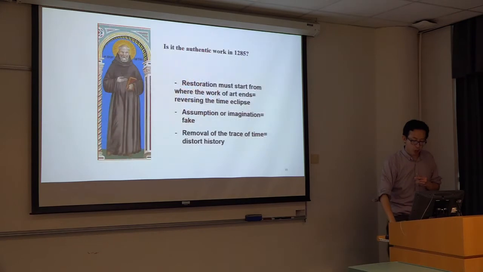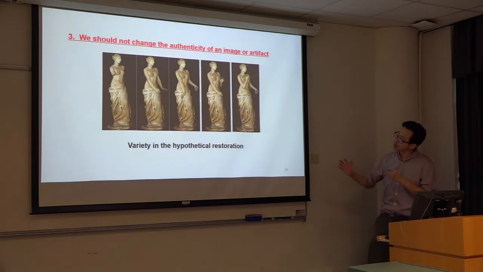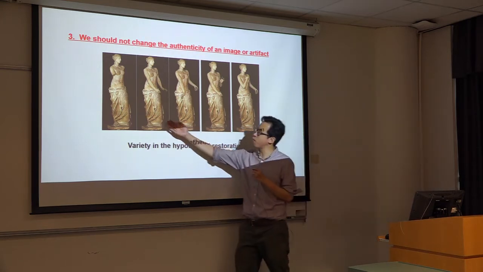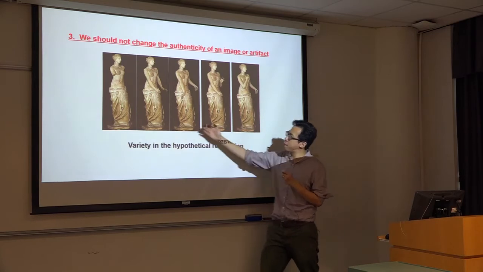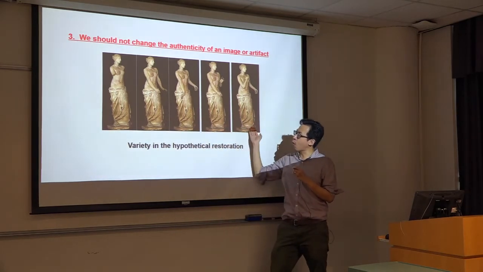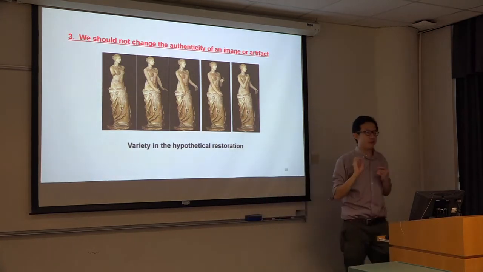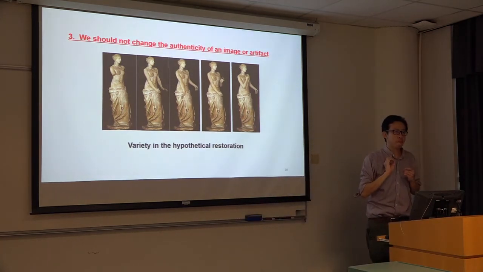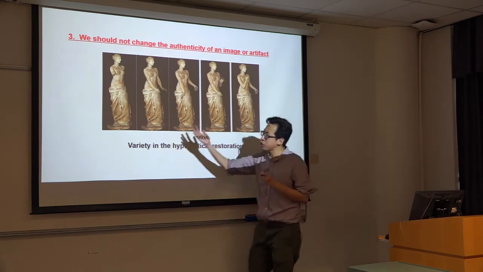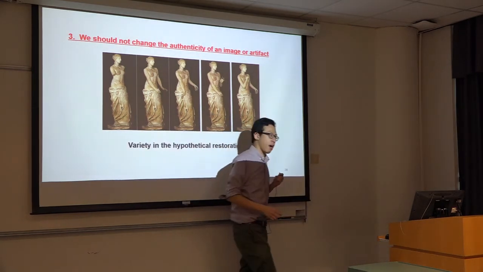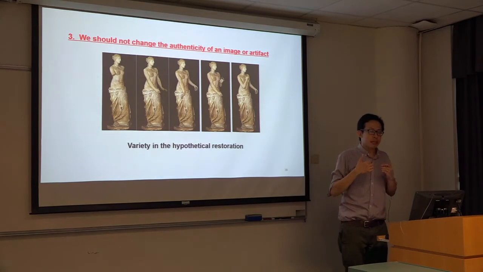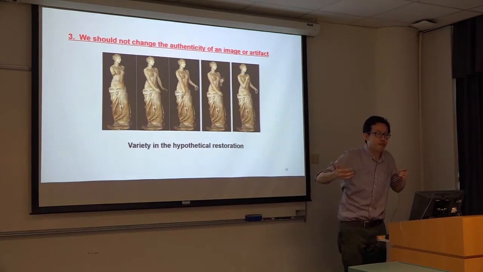Okay, so when we go back to this question, the best answer, if I ask you which one among these four hypothetical restorations will be the best, the perfect answer will be none of them. Because, as I mentioned, for the Venus de Milo there are no textual records mentioning how the two arms looked.